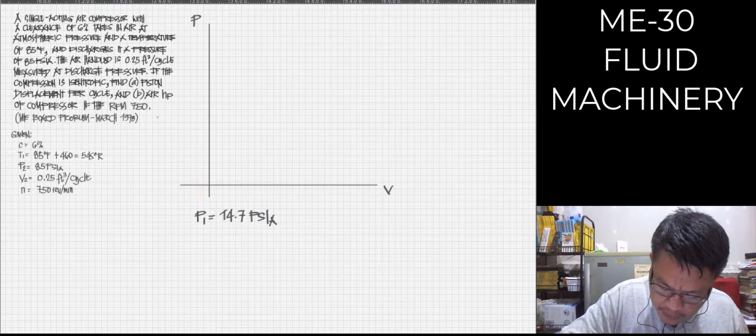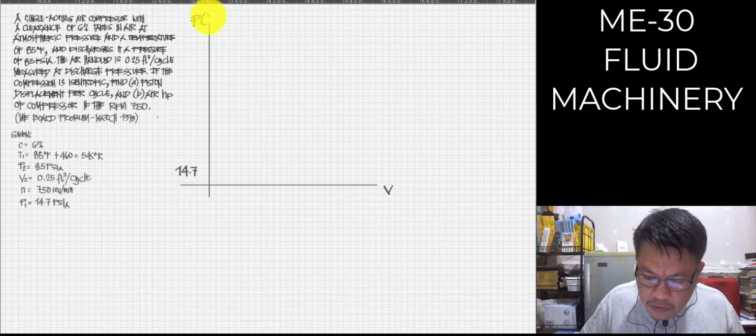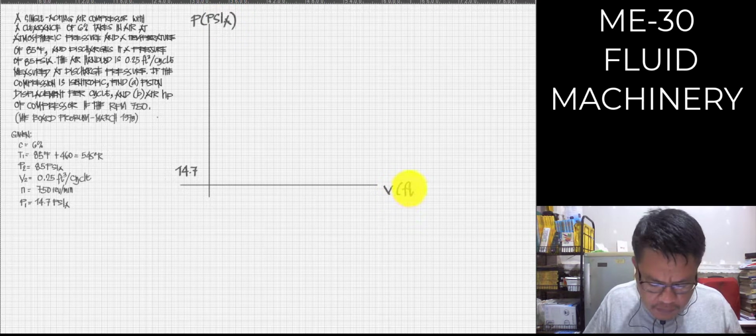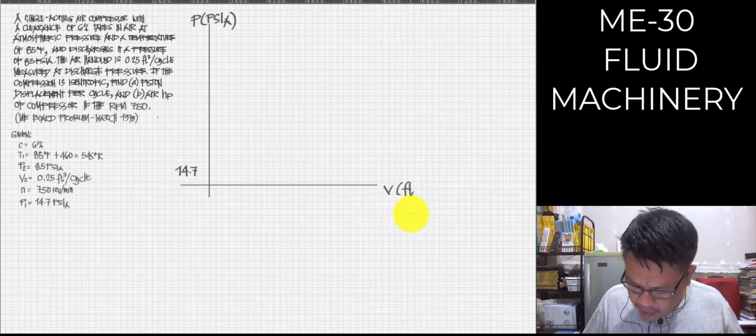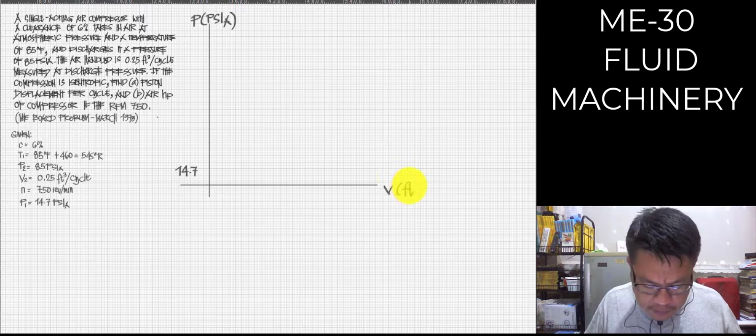For the volume, the problem does not mention a type, so we can assume cubic feet per minute, to give it a volume flow rate.